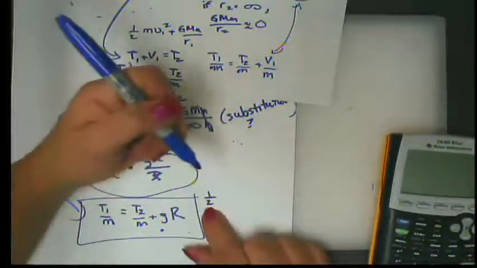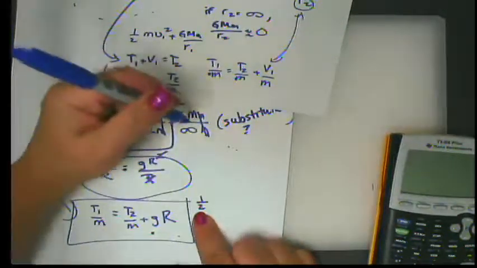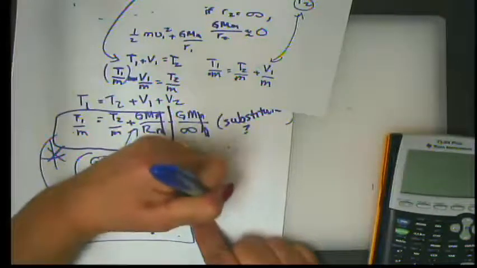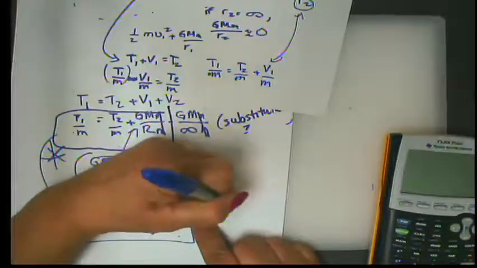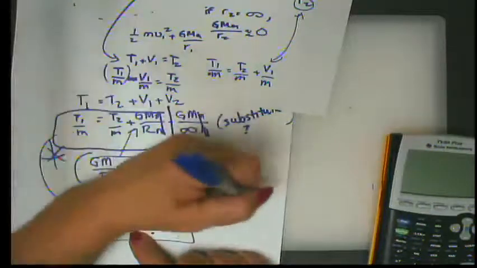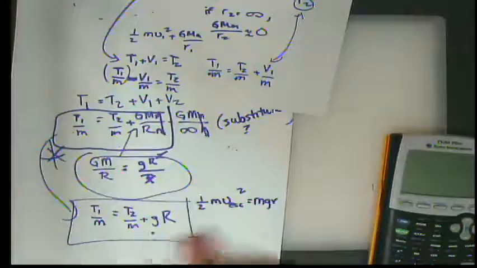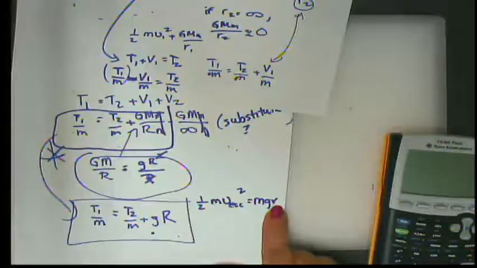Or if we want to look at that, we're not subjected to kinetic energy with respect to the Earth because we've broken out of orbit. So we can say 1/2 m v escape squared, that would be the kinetic energy on escape, is going to have to equal mg times r. Okay, or weight times that radius.